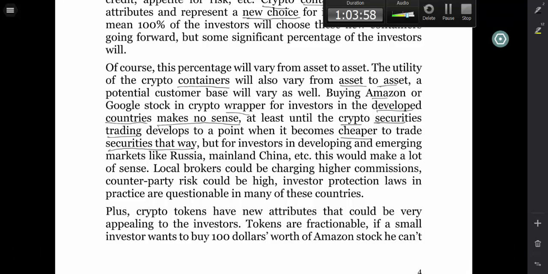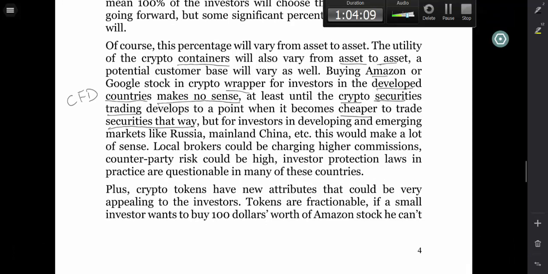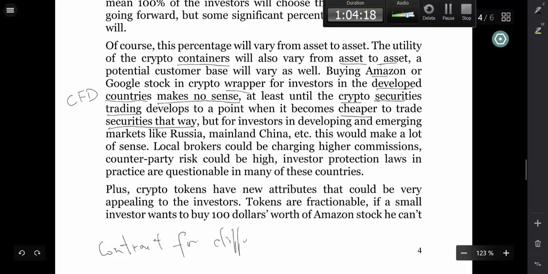There is actually a market. I don't know if you've ever heard of it. Do you know what CFD stands for? Have you ever heard of that? CFD stands for contract for difference. This is exactly what they do.